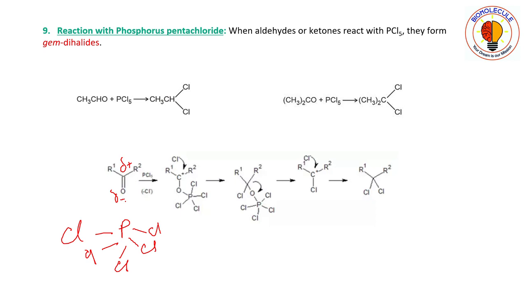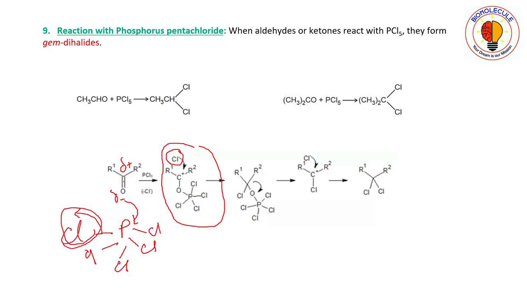This negative center will attack this phosphorus, and phosphorus, being pentavalent here, will leave one chloride ion. So you will get this molecule. See here, this phosphorus contains four chlorine atoms bonded, and this one is free, because this one leaves.